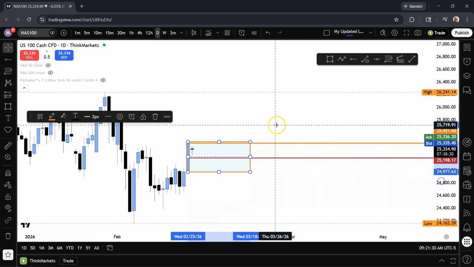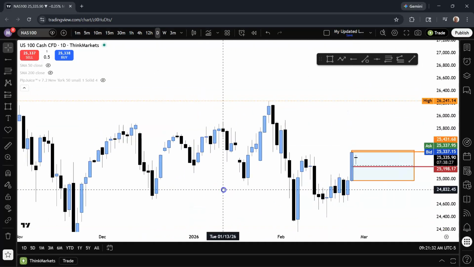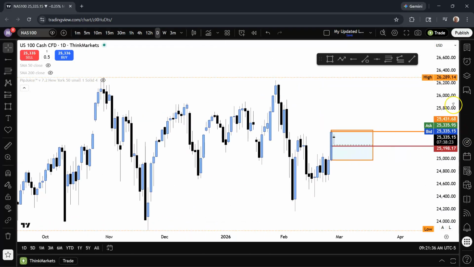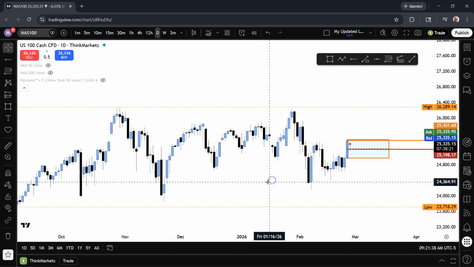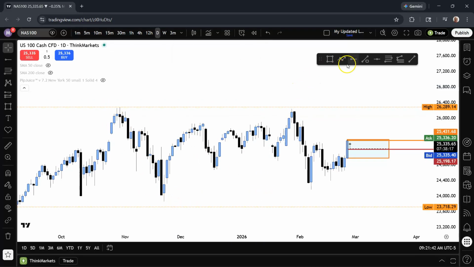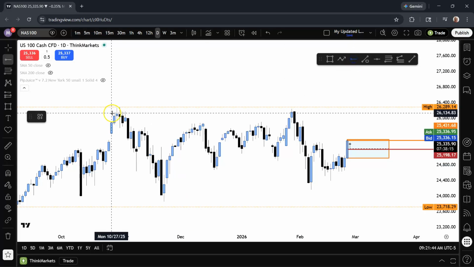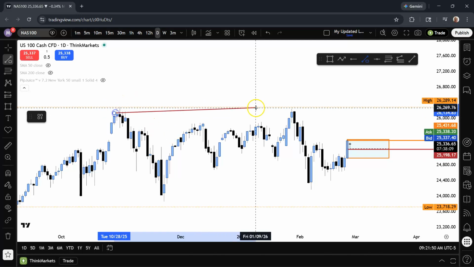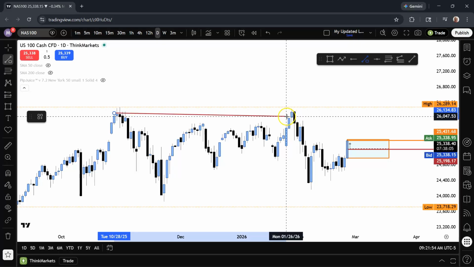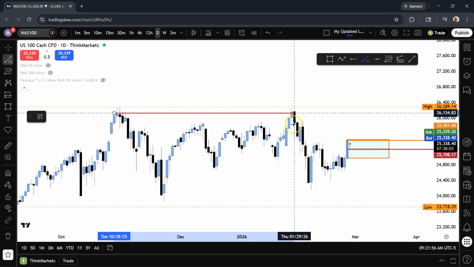So what's the overall trend? Based on this chart, the overall trend is bullish because right here it broke and created a higher high.